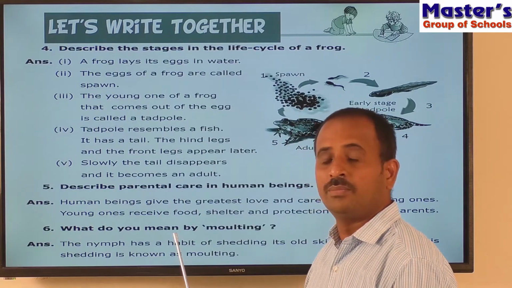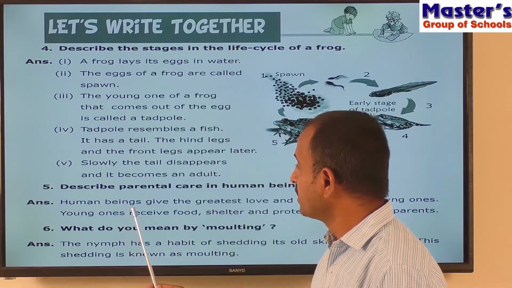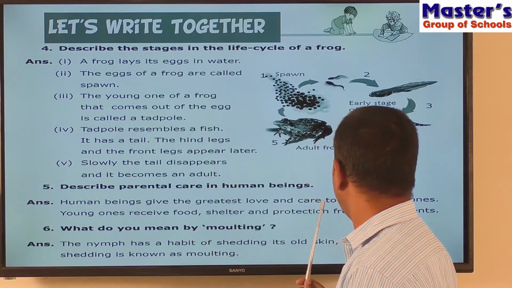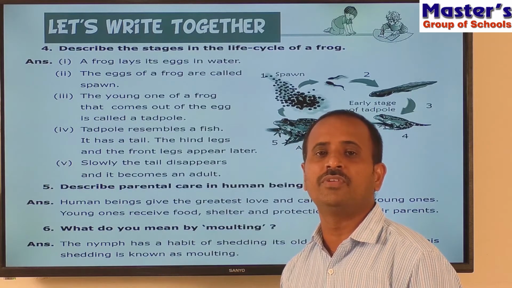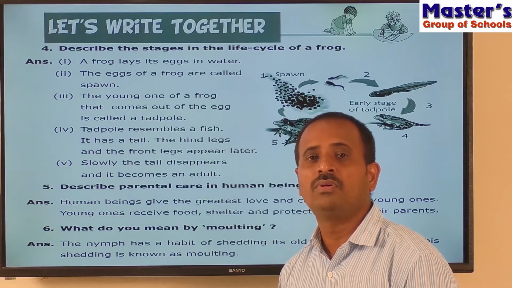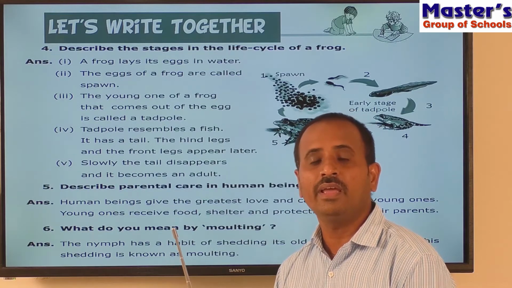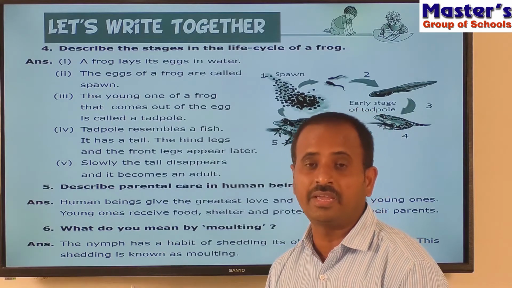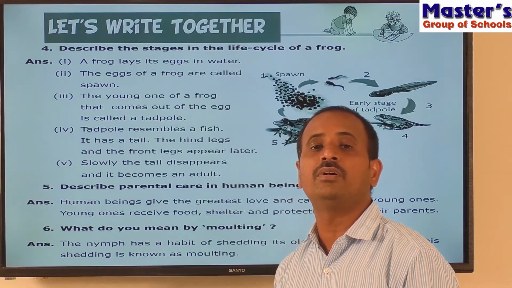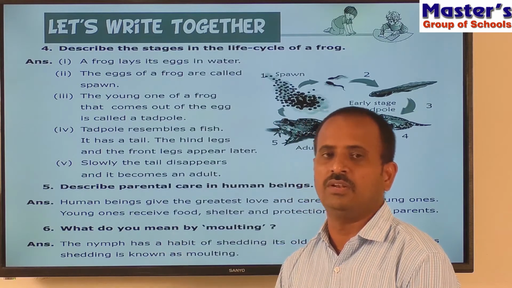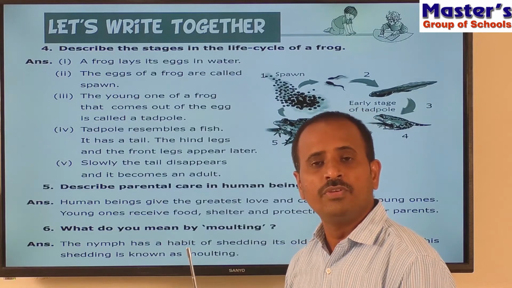So like birds, human beings give the greatest love and care to their young ones. Every human being, that is every mother, will give a lot of love and protection to their young babies. And they will take care of their young babies until they get the capability of living on their own.